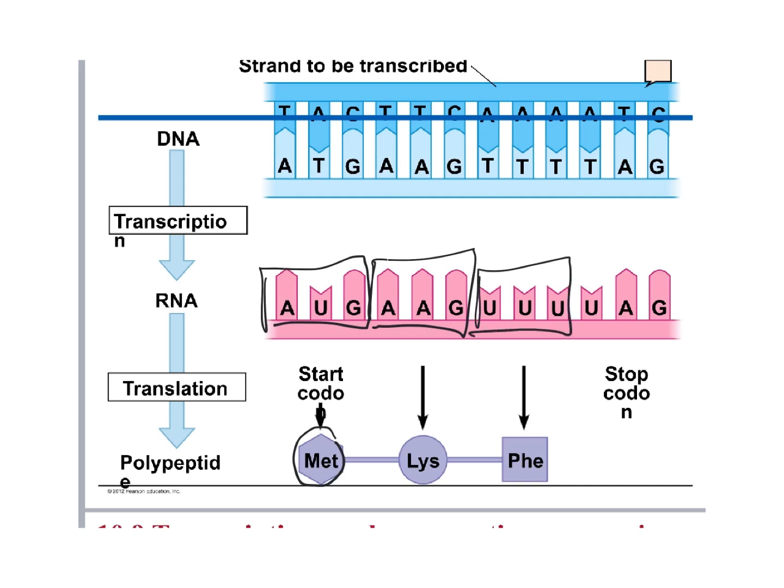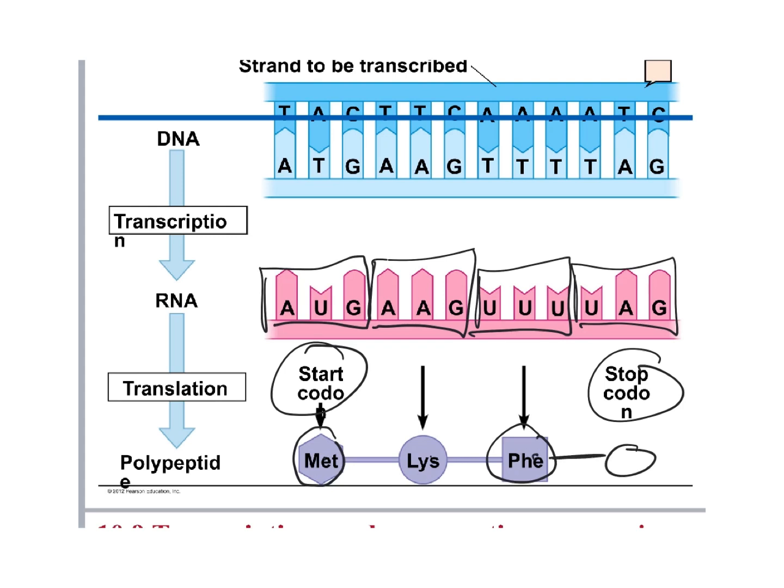UUU codes for an amino acid called phenylalanine, and then UAG is a stop codon. And this first one, AUG, is a start codon. And that's exactly what we did in the previous example. So now you've got methionine, lysine, phenylalanine, and then that would be another amino acid here. There is your amino acid sequence.